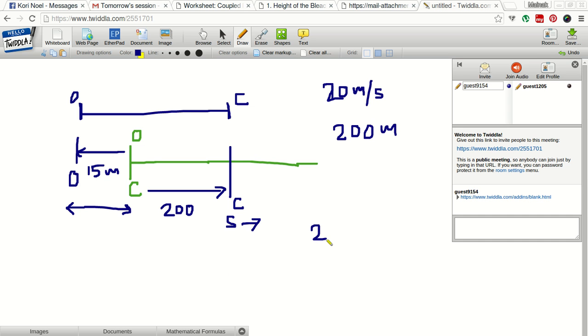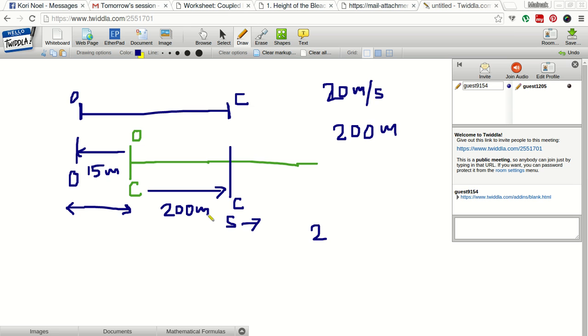That's the idea of relative displacement. Individually, the car displaced by 200 meters, and individually the person walks 15 meters. But since they are moving in opposite directions, the distance between them increases by 200 plus 15.